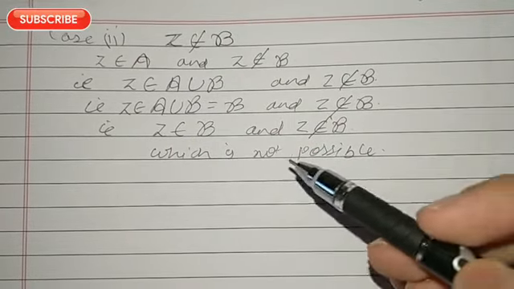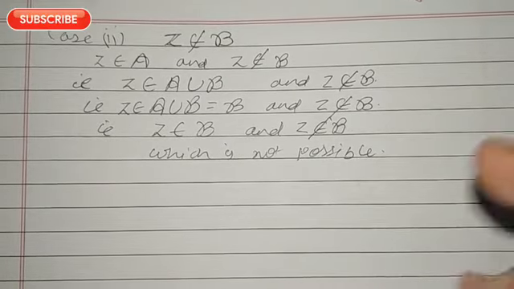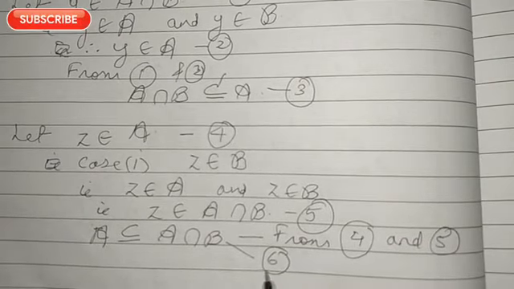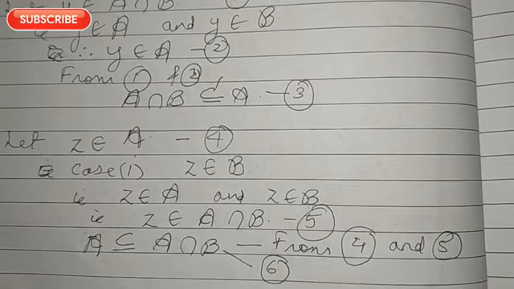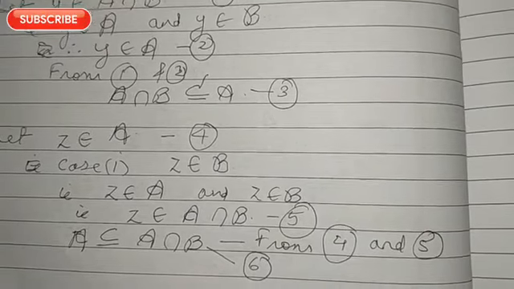If we consider case 2, we are getting a statement which is not possible. So the only statement which is true is 6. Now from 3 and 6, what do we get?